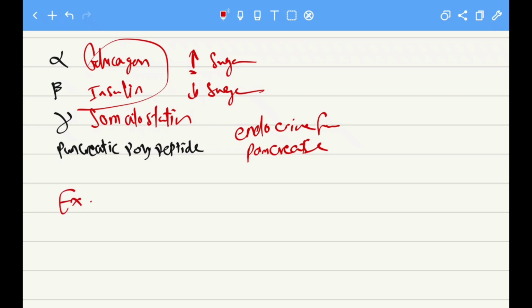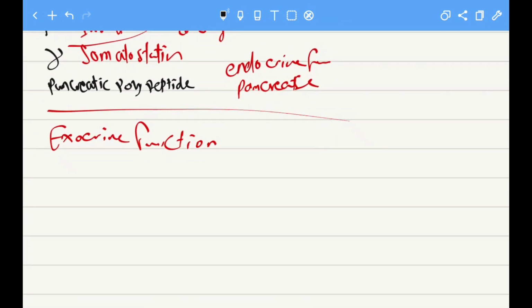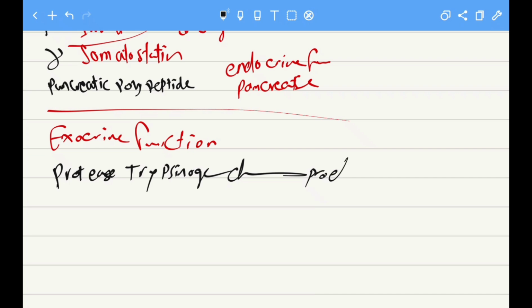There is also the exocrine function, which is the secretion of proteases. Proteases are trypsinogen, chymotrypsinogen, and proelastases.